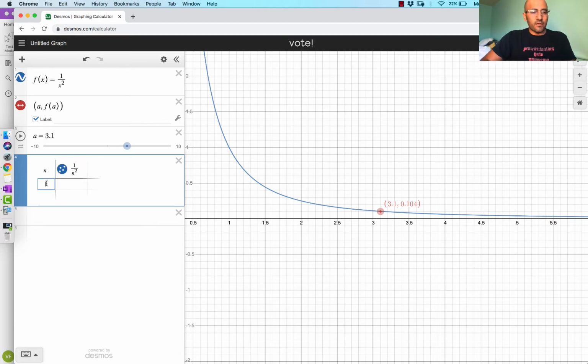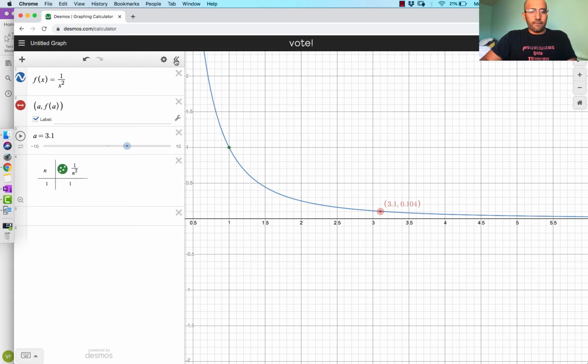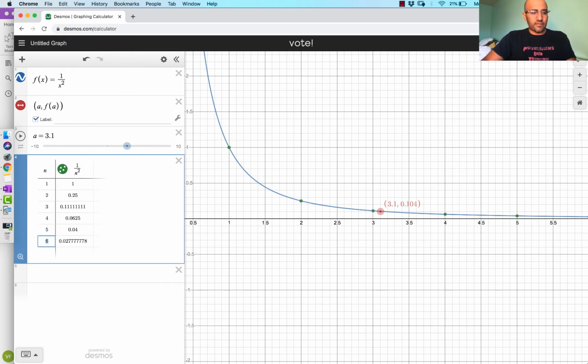And let's make this a different color, say green. So it's 1, and then this is 2, and then 3, and 4, and 5, and 6, and 7.